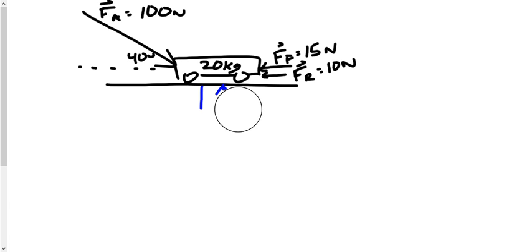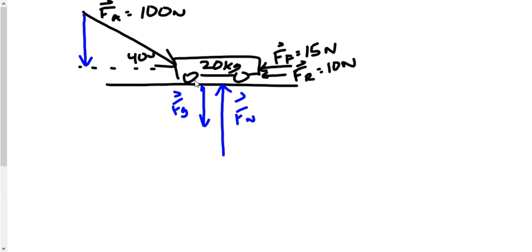Now, not that it really matters for what you had to do with this question, but in this question, gravity is smaller than the normal force. Why? Because the applied force, the y component, is downward. So the y component of this force combined with gravity would be equal to the normal force.